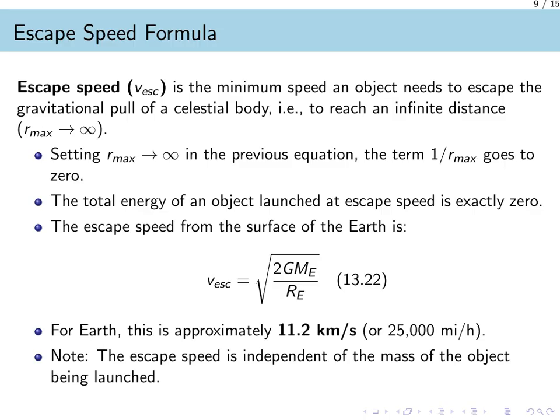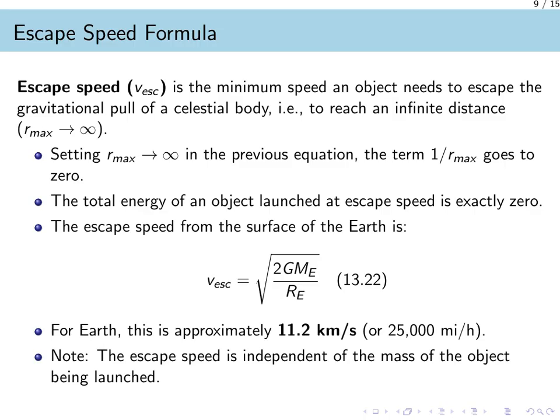By setting the sum of the initial kinetic and potential energies to 0 and solving for the initial speed, we get the escape speed. For an object at the surface of the Earth, the escape speed, V esc, is the square root of the quantity 2 times G times the mass of the Earth, all divided by the radius of the Earth. Plugging in the known values, this speed is approximately 11.2 kilometers per second, or about 25,000 miles per hour.